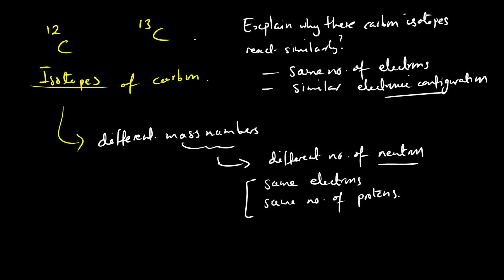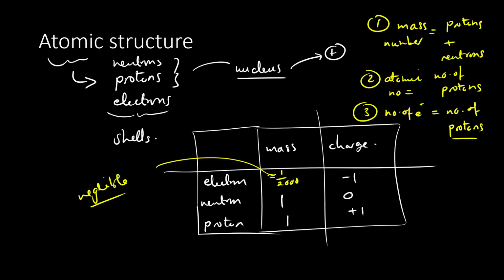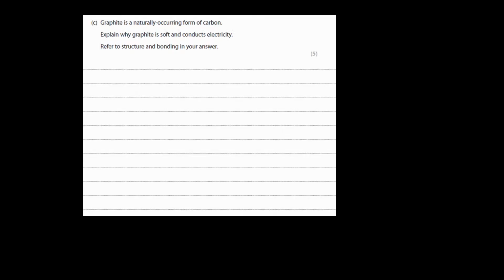Because at the end of the day, when things react, they more or less lose electrons or gain electrons. And that's what defines a reaction, really, in terms of electrons, in terms of redox. So I suppose it makes sense. Same number of electrons and a similar electronic configuration.